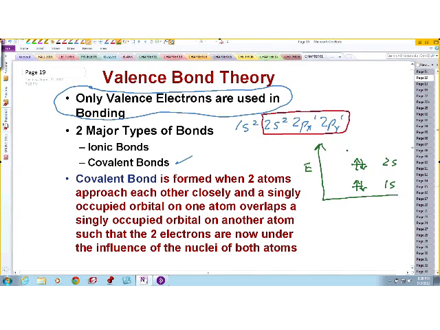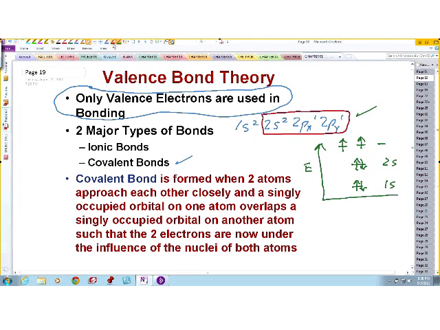And then we have the 3 2p orbitals, and only 2 of the 2p orbitals have 1 electron each. This is the graphical representation of this electronic configuration.